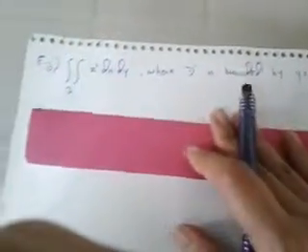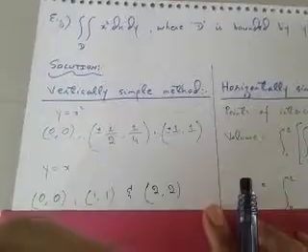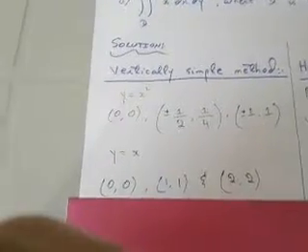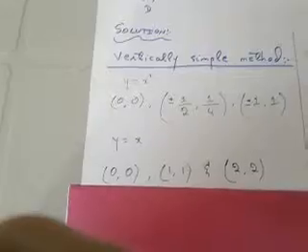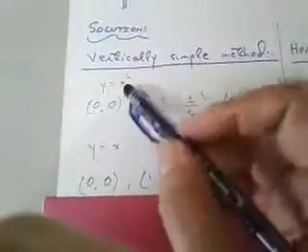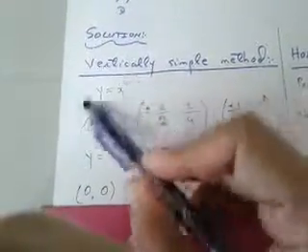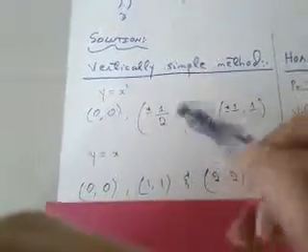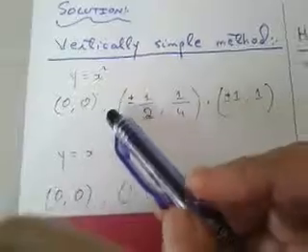So this is the horizontally simple method, and first of all we are going to sketch the graph in order to understand what exactly the appearance of this plane D is going to be. For this function, I have managed a few points here.